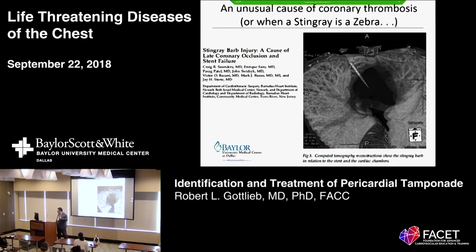I have it cropped here and hidden. The coolest thing about this is the photo. The stingray was dead.